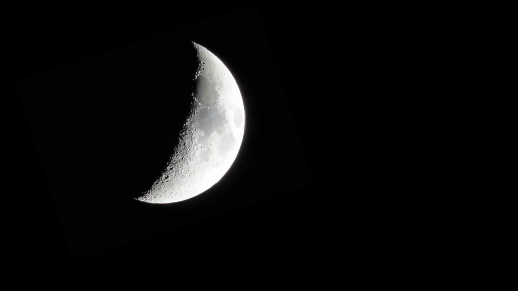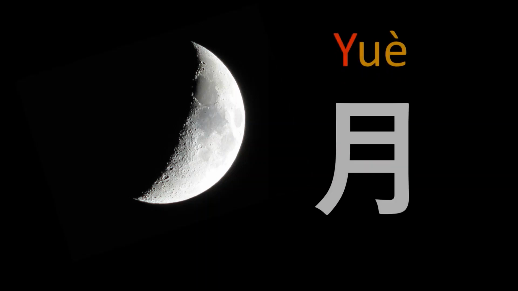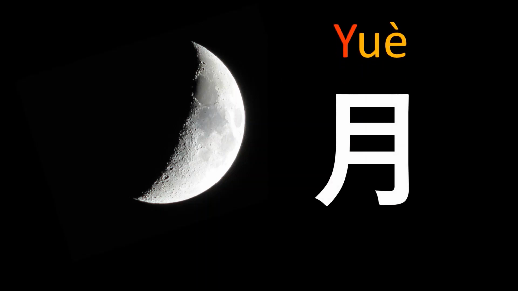Now, let's learn how to say moon in Chinese. Okay? It is pronounced yuè, on the fourth tone, so it's going down. One more time. Yuè. The Chinese character 月 looks like a crescent moon. This is a pictogram.